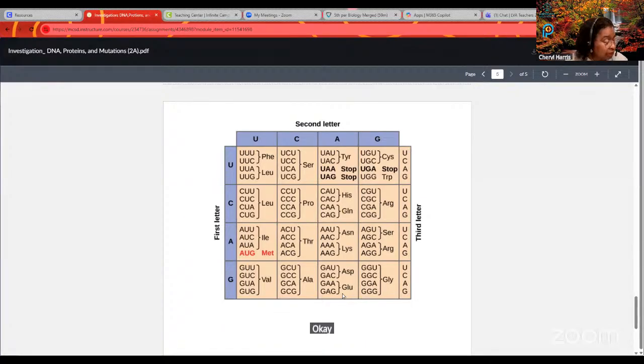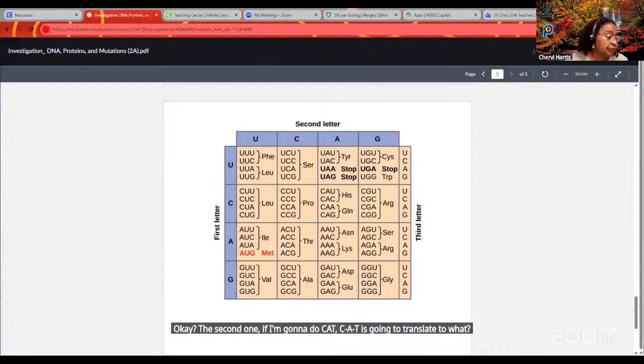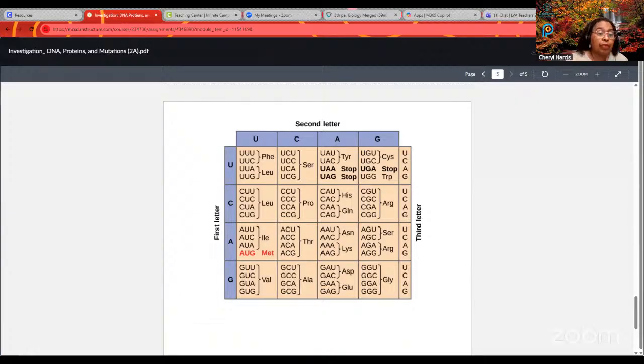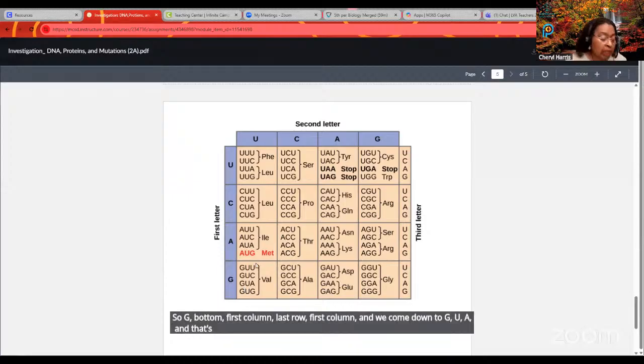Okay. The second one, if I'm going to do CAT, CAT is going to translate to what? Yeah, that's the answer. It's going to be Val for sure. It's going to translate to GUA. So G, bottom, first column, last row, first column, and we come down to GUA, and that's Val, and all four of them happen to be Val anyway.